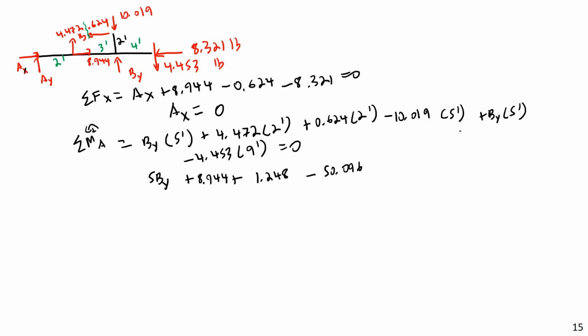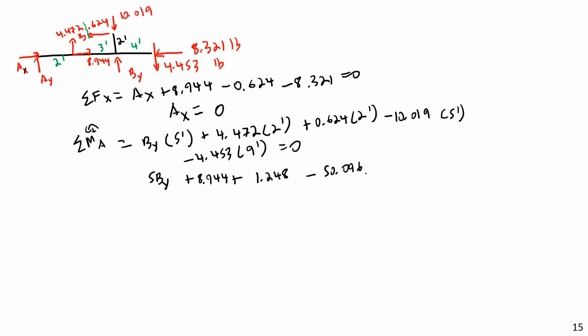And I still have the 5BY. Actually, I made a slight mistake. I wrote the BY twice. That's okay, we caught our error. Minus 50.096, that is basically 10.019 times 5.